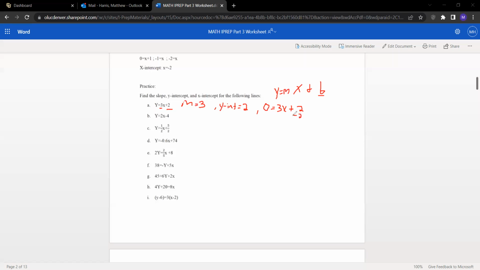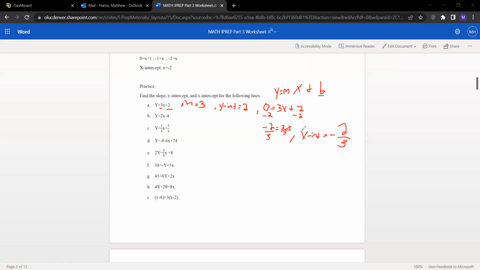We do minus 2 on both sides, so -2 is equal to 3x, divided by 3, divided by 3. The x-intercept is equal to -2 divided by 3, or -2/3.